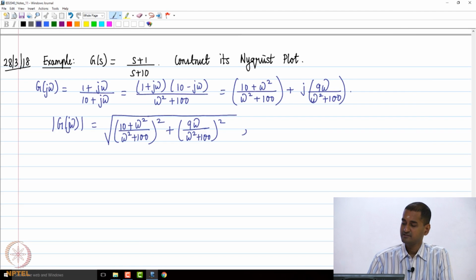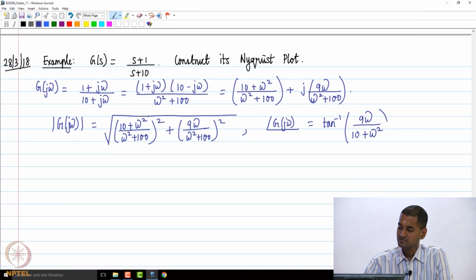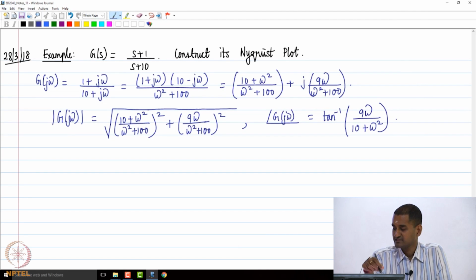Okay, so that's the magnitude. And what about the phase? The phase is going to be tan inverse of the imaginary component divided by the real component. So we will get tan inverse of 9 omega divided by 10 plus omega square. Am I correct? Right? So these are the various things that we will get.